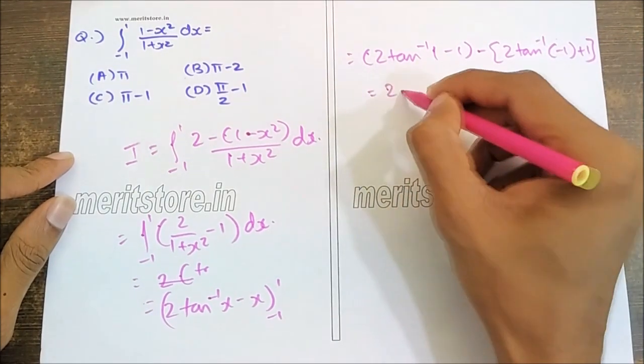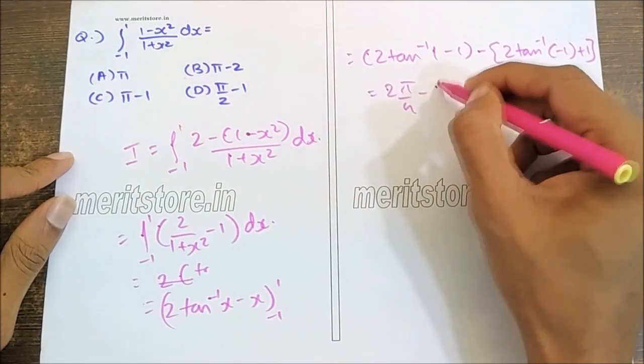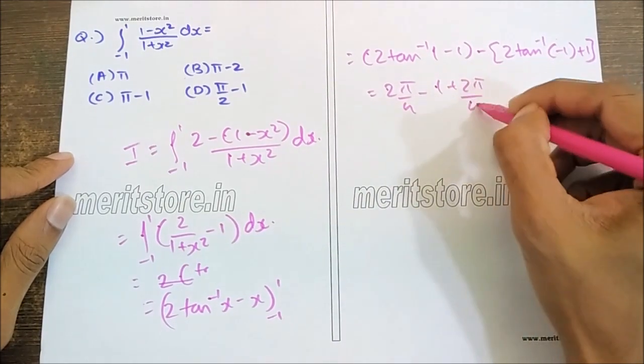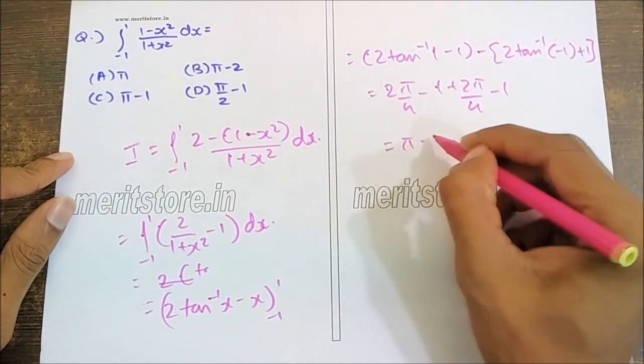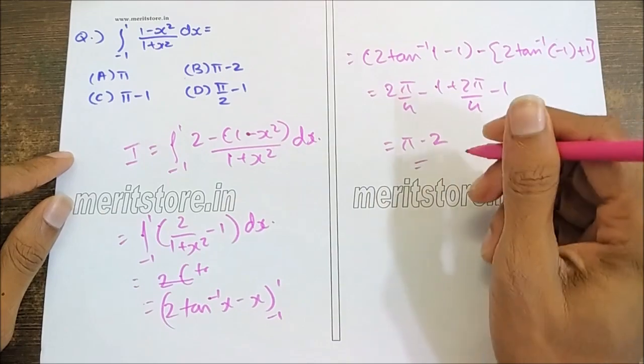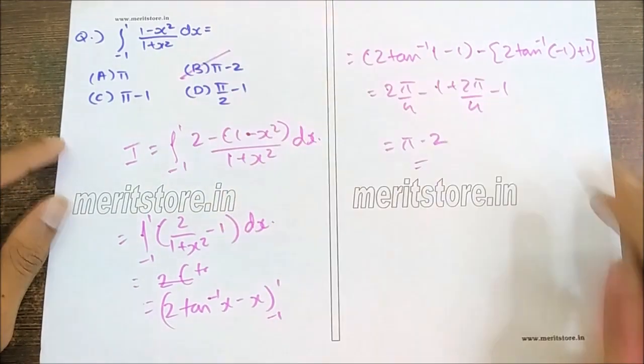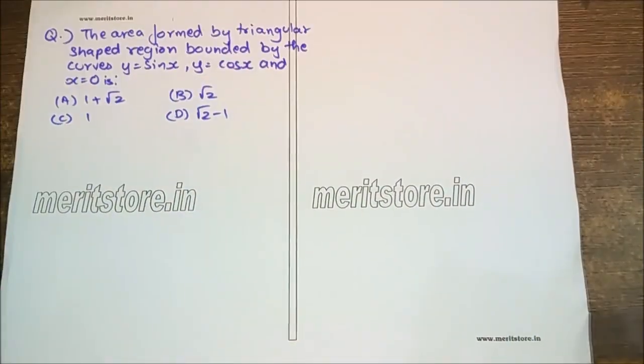Solving this further, we get 2 (pi by 4 minus 1) plus 2 (pi by 4 minus 1), which is equal to pi minus 2. Which is, we see our answer matches with option B. Therefore, option B is the correct answer.